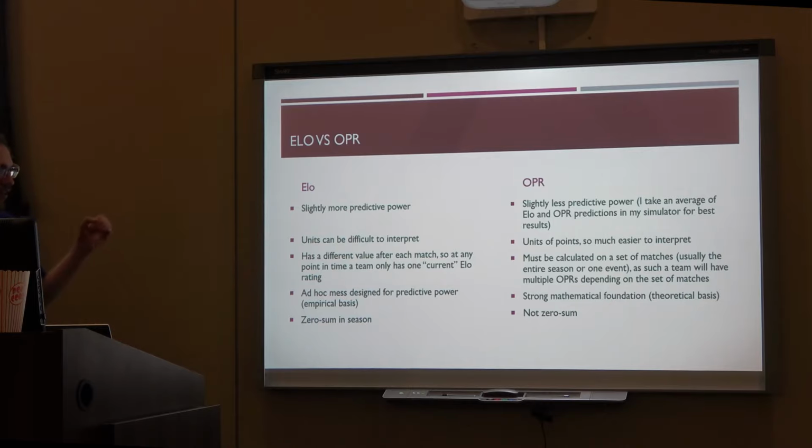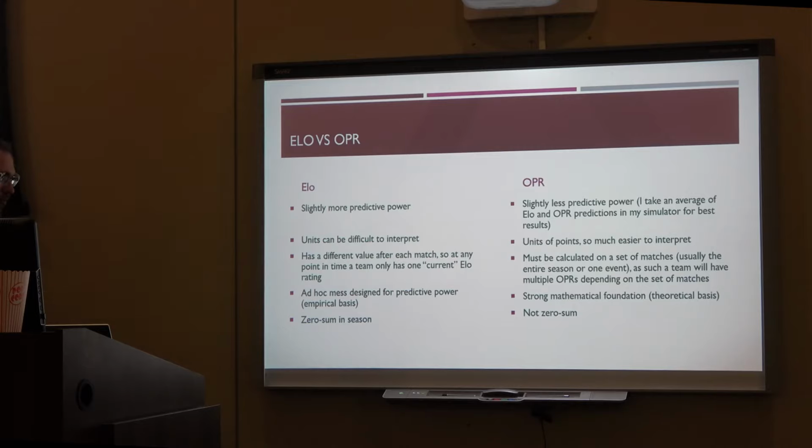OPR, in contrast, has a very strong mathematical foundation and a theoretical basis. It's rooted in statistical techniques, and it happens to be well suited for FRC, but it's not really empirical. These are things that should work, and then you apply them, and then they work.